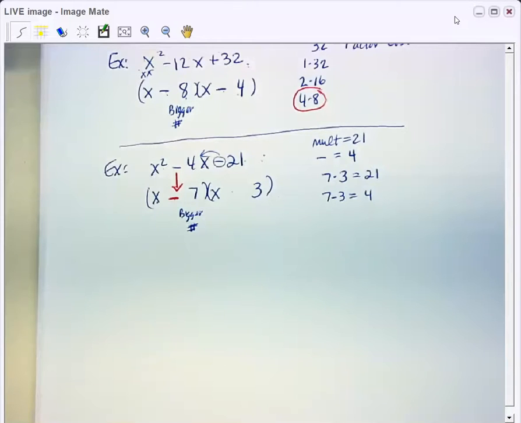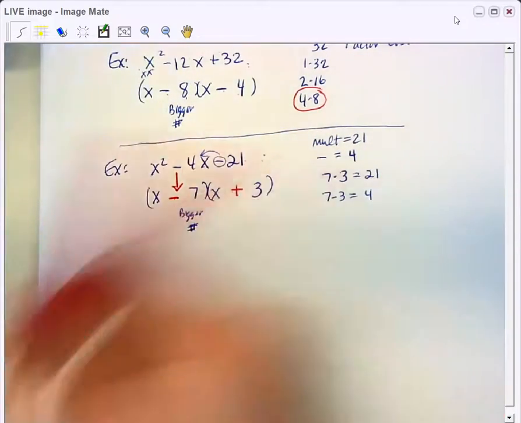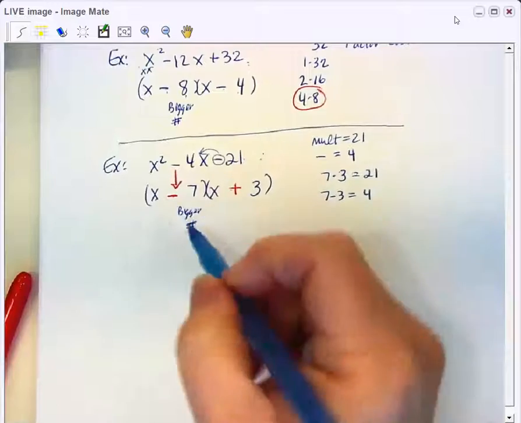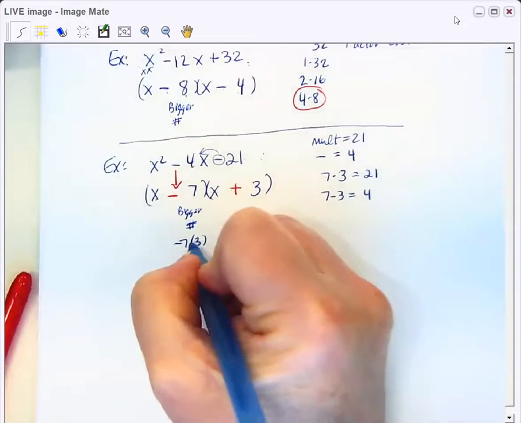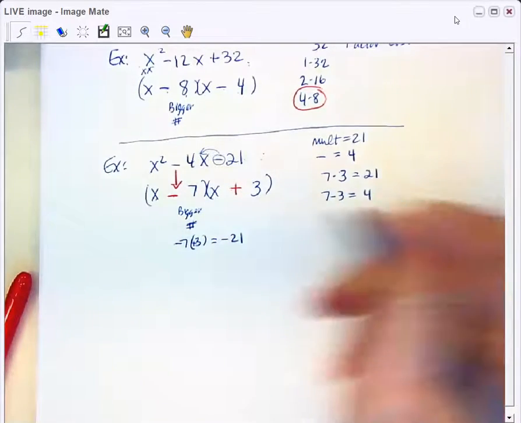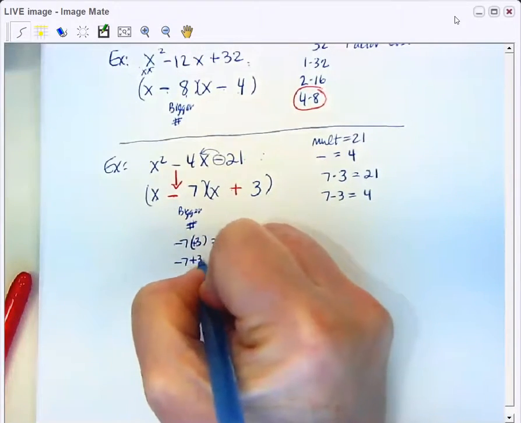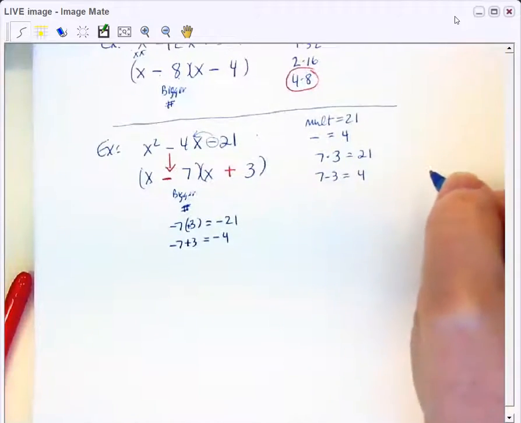Good. Nice. Okay, good. Yep, negative times a positive gives me negative. Now, watch what happens here. So a negative 7 times positive 3 equals a negative 21. And a negative 7 plus 3 equals a negative 4. That's how you check your work.